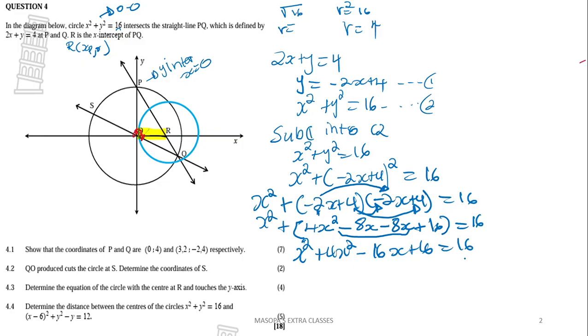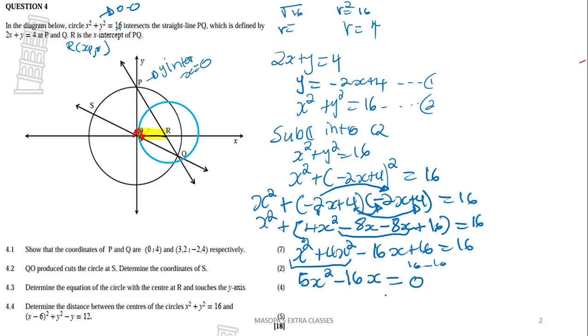Then we can see that we still have like terms left, which will be 5x squared minus 16x. Then you can transpose your 16 to the other side, for which it is going to be negative, and you have 16 minus 16, which will be 0, right?